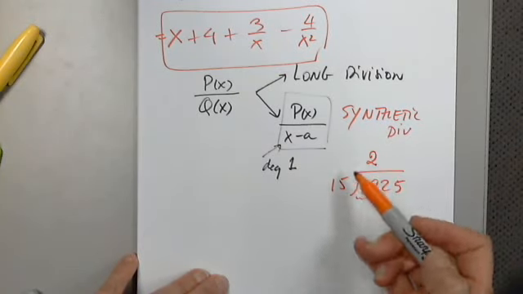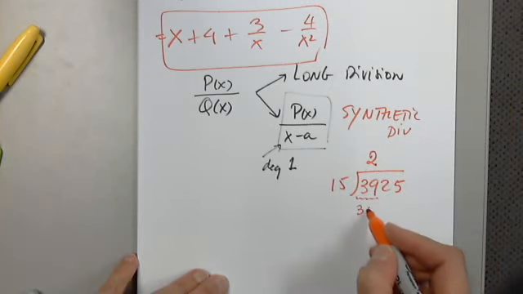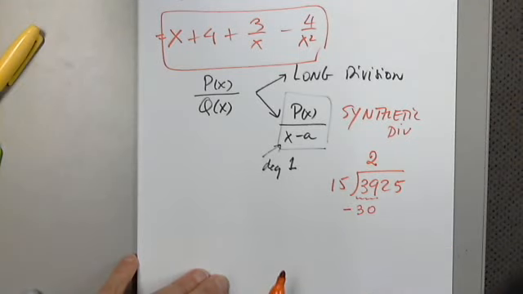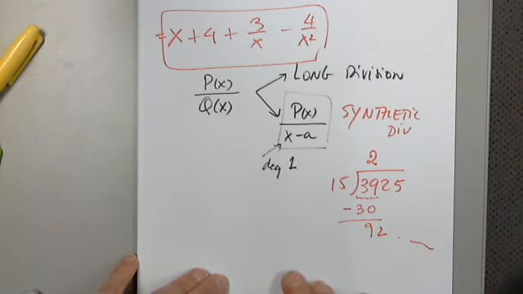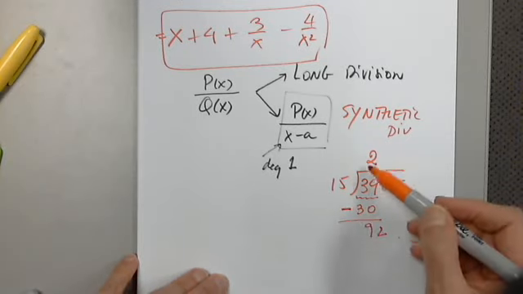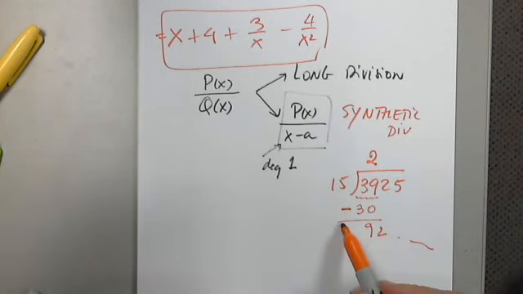I go back and multiply 2 by 15, but I don't write 30. I write negative 30 because I have to subtract. And then I get 9, I bring down the next in line, and so on and so forth. So in case you're asking why 2 times 15 is 30 and I write negative 30, then you know why, because we have to subtract.